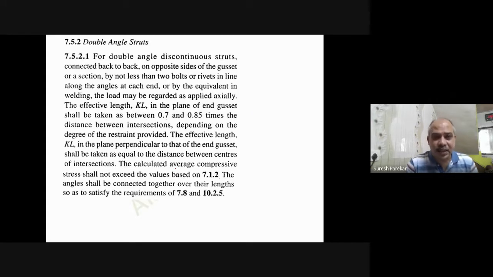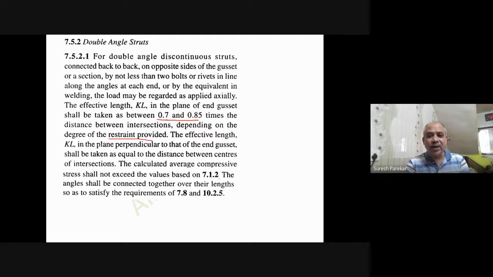Now double angle struts. Now double angle discontinuous struts. You can read this, I will not go through the whole clause. Here you can see this value will range from 0.7 to 0.85 times the distance between the intersections, depending upon the degree of restraint provided.